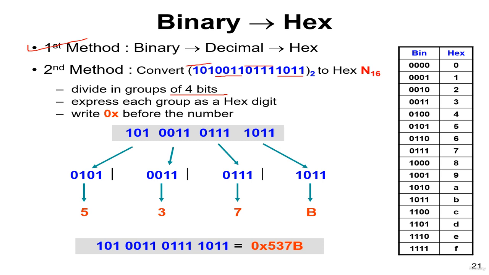So I would place a 0 over here. Each of these groups can be represented like 1011, which is B, 0111 is 7, 0011 is 3, and 0101 is 5.